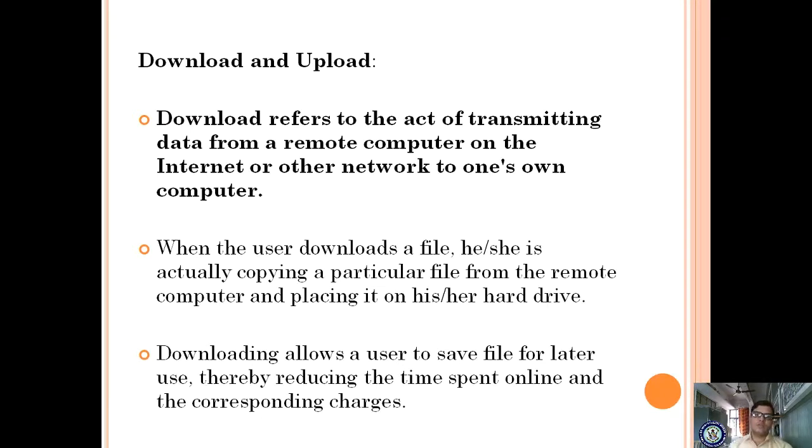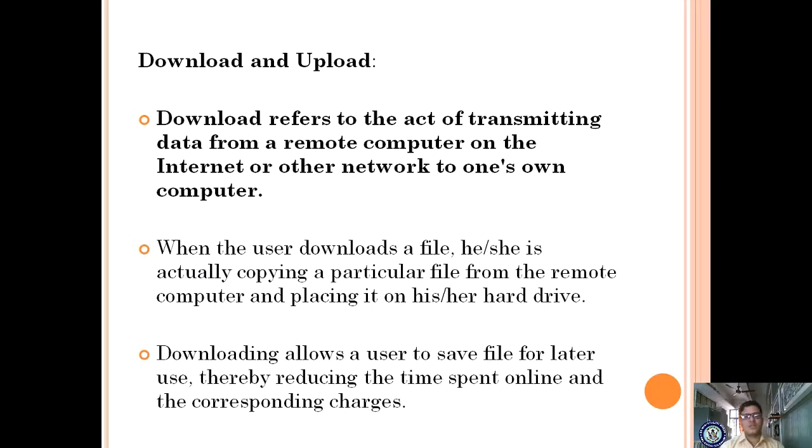Let us see what a download and upload is. Download refers to the act of transmitting data from a remote computer on the internet or other network to one's own computer. So what do you mean by download? This download refers to the act of transmitting. Then what do you mean by the act of transmitting? Transmitting data. We are transferring.